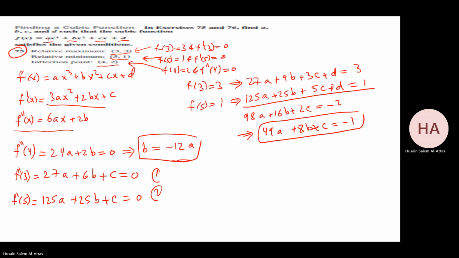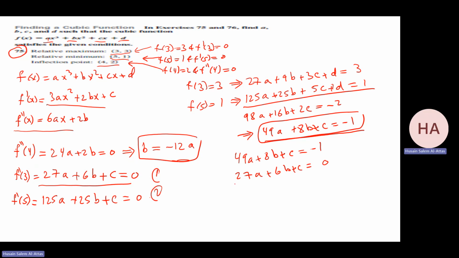Now I have also f prime at 3, that one. I can solve this one with this one. Yeah, that will be a good one. If you subtract them, you get 22a plus 2b equal minus 1.